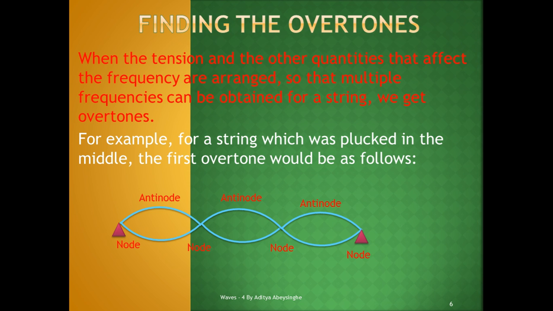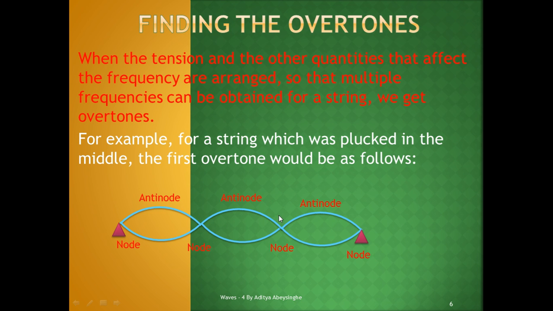When the tension and the other quantities that affect the frequency are arranged, taking the same string, multiple frequencies can be obtained. If we have multiple frequencies, the appearance of the stationary wave will change.